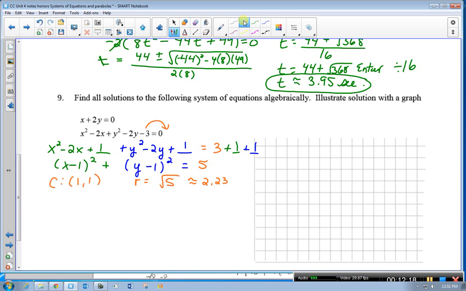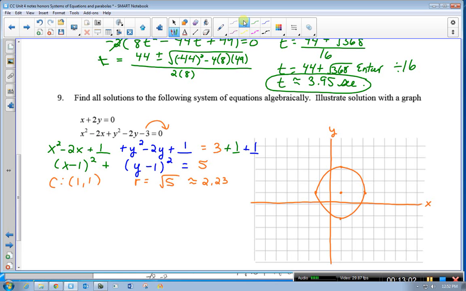So graphically, hopefully we'll make it work out algebraically because it's going to be a little bit difficult graphically. So let's take this as my x and this as my y. So over 1, up 1, and then from there about 2.2.